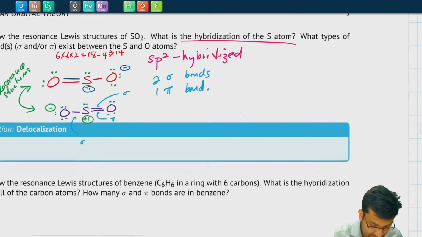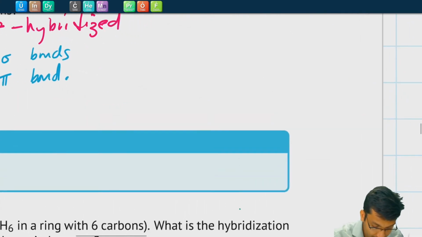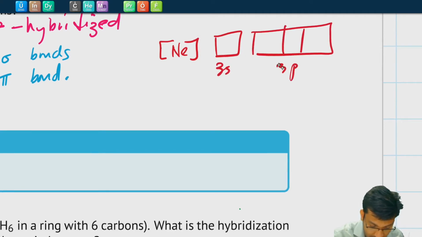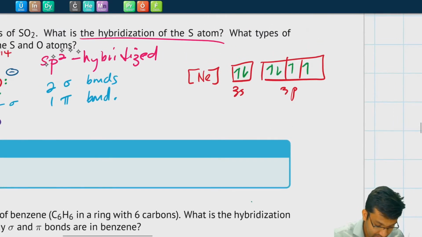Let's look at the hybridization. We know that the electronic structure for sulfur starts with neon, 3s, and then the 3p orbitals, and you'd fill this up with 6 valence electrons like that, but it's sp2 hybridized.